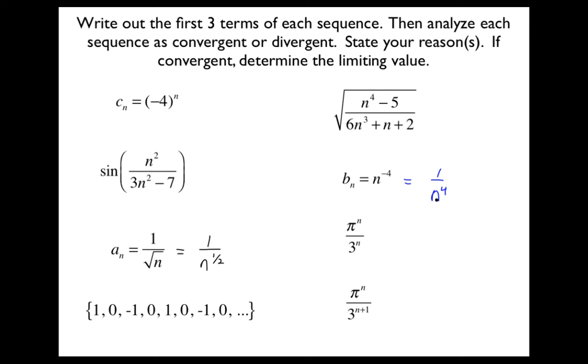How about this one? Anyone get this one? Pi to the n over 3 to the n is? Divergent. Because pi is bigger than 3? Okay, can we apply something else? Can we write this as pi over 3 to the n?